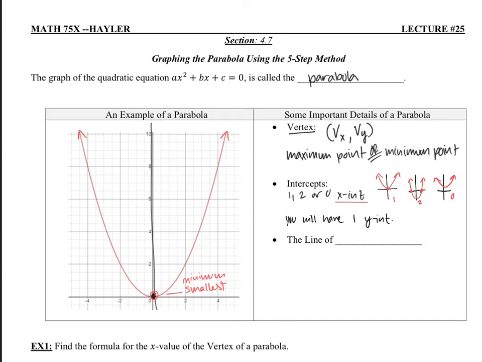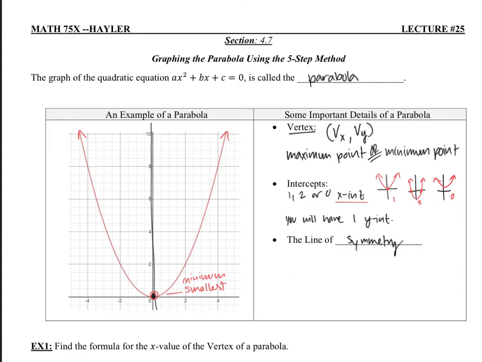The last important detail of a parabola that we're going over, of the 3, is something called the line of symmetry. It's kind of like what I was talking about with the vertex. It's an imaginary line.